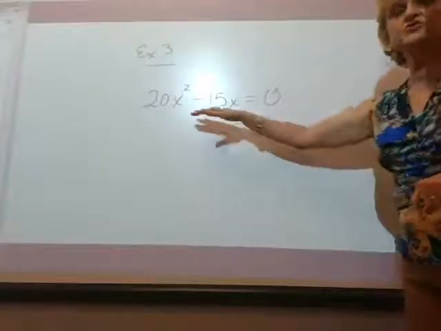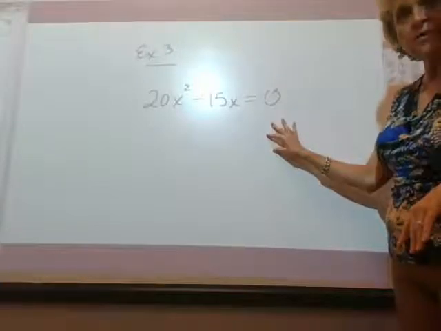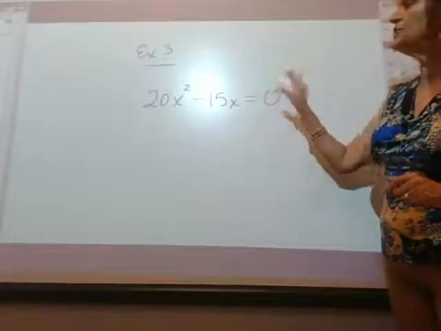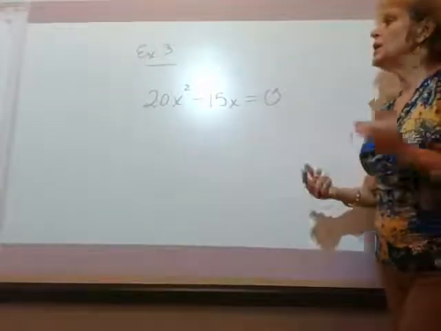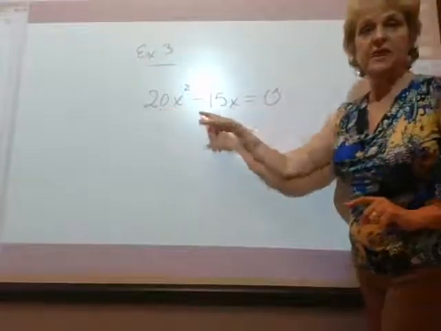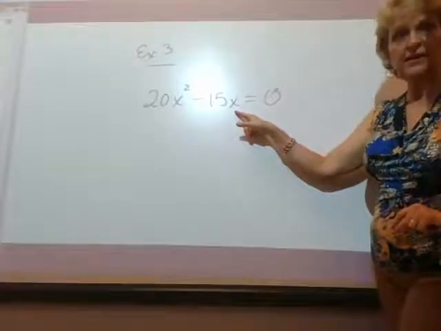So you want to make sure that this is in standard form. In other words, it's equal to 0. And this one was. Very good. Then you look at what's over here and see, can you factor anything? Well, first of all, these have a common factor of 5 and x, don't they?